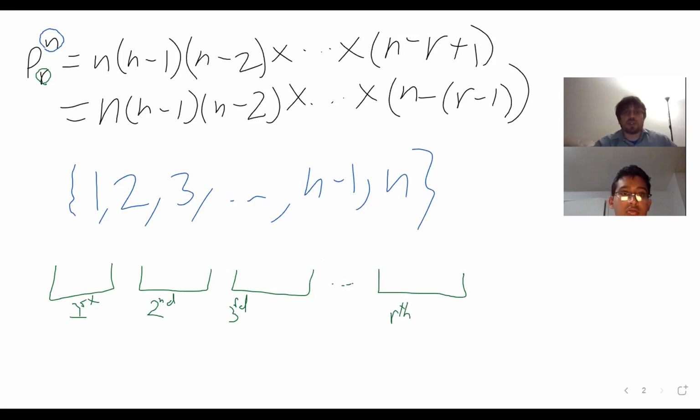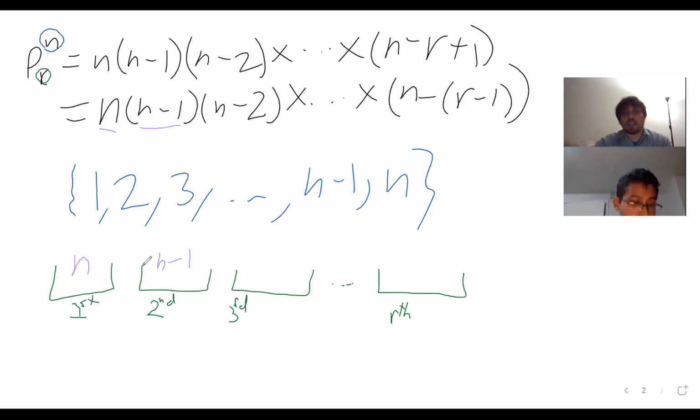So when you choose the first thing, you have n choices, because you have a set with n things in it. You could choose any of those n. That corresponds with the n here. For the next thing, you've already chosen 1, so you have n minus 1 remaining to choose for the second thing. That's the n minus 1 here.